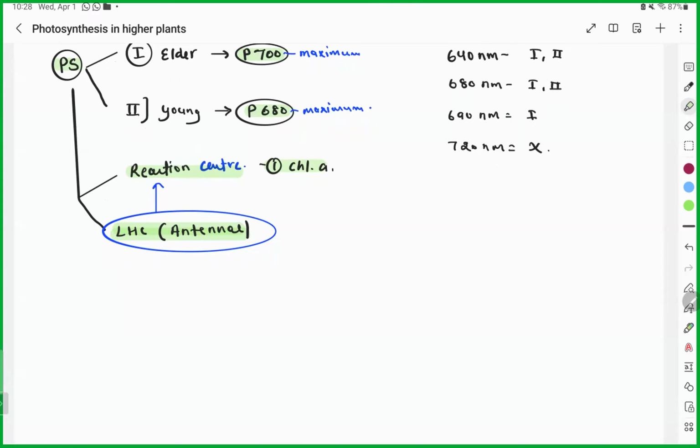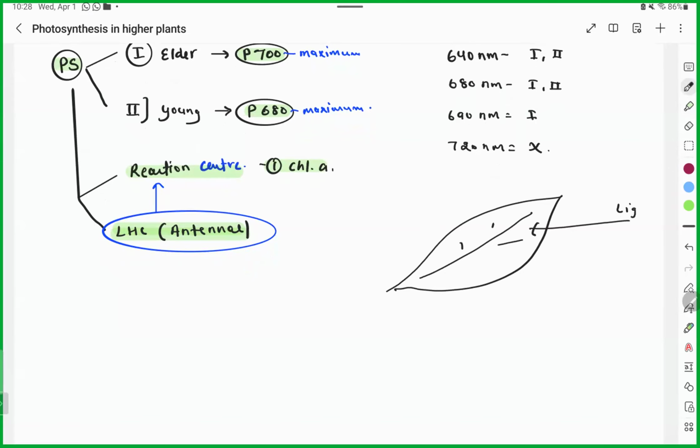So what is this exactly? We have a leaf. On this leaf, light will fall. When light falls on this, then the individual cell that contains chlorophyll will absorb the light.